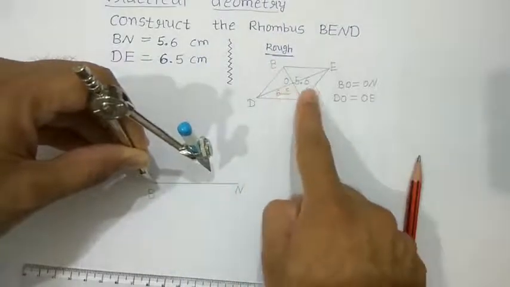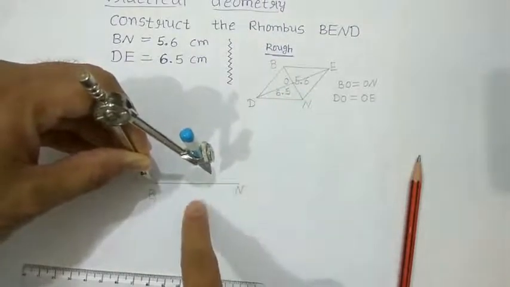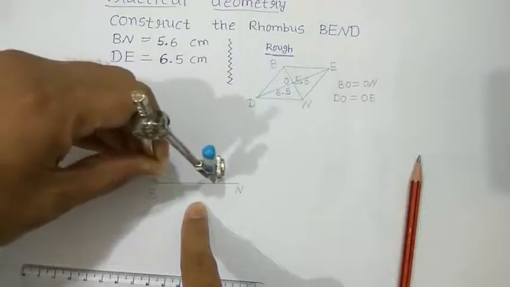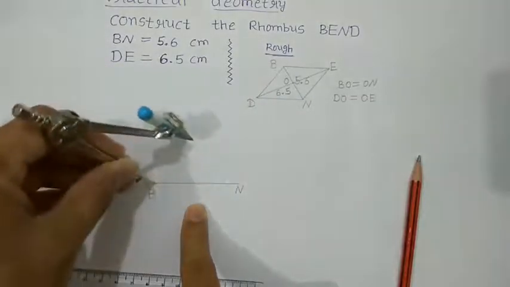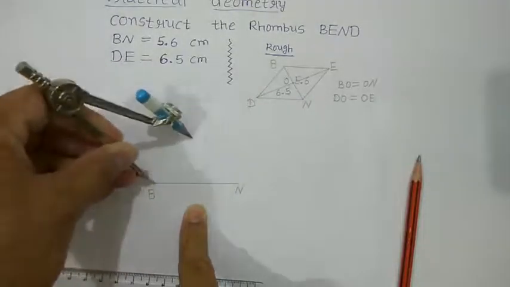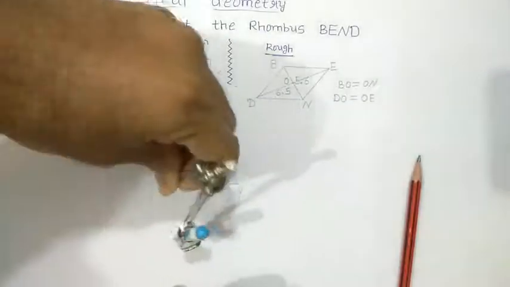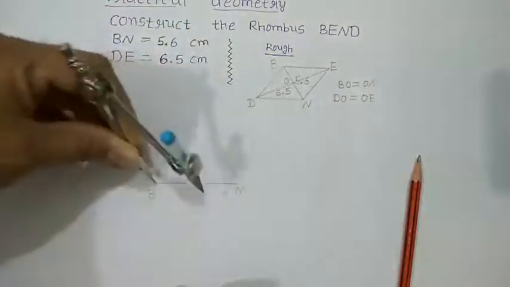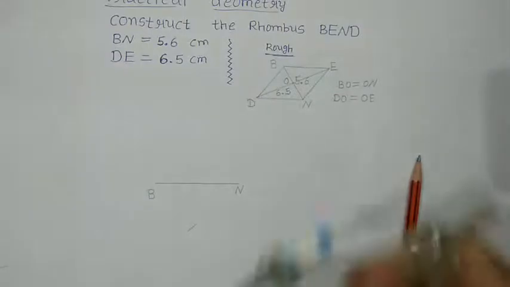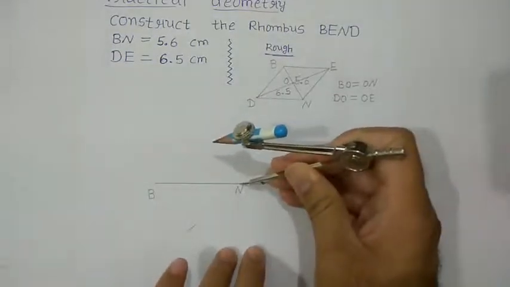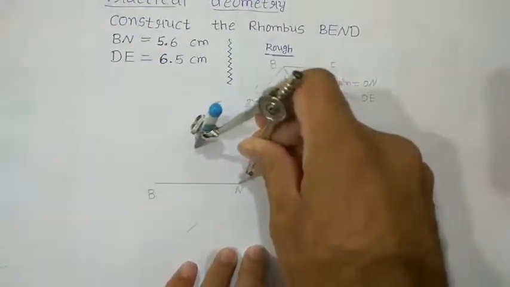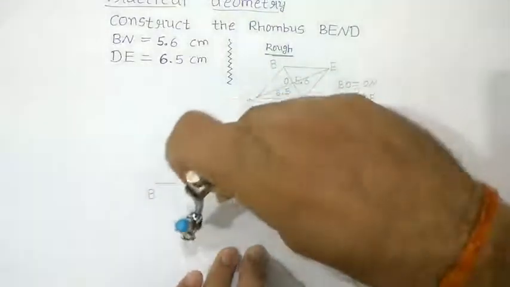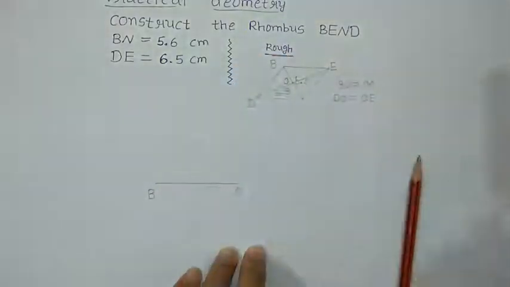Whatever the BN is, that is 5.6, so we can take approximately 3 centimeter, right? And we have to make an arc on this side and on this side. In the same way, from this N also we have to make an arc here and one arc here, right?